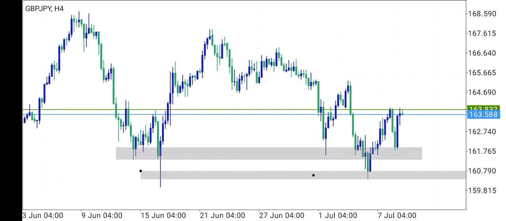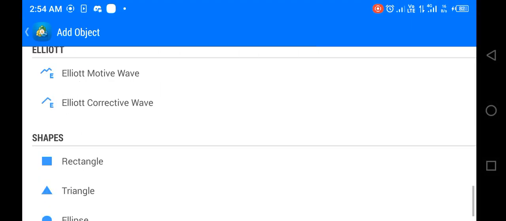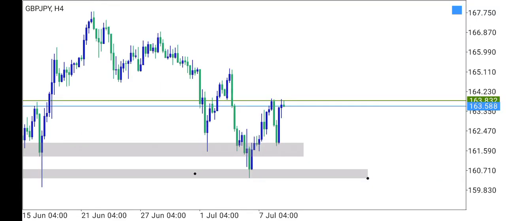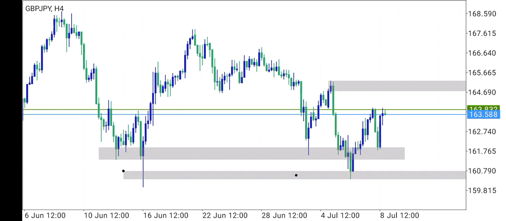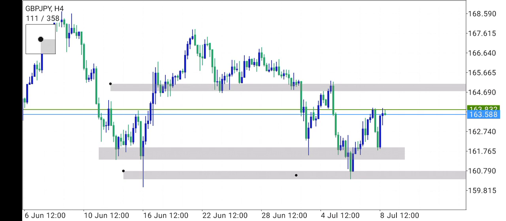So as you are marking it out, you'll be taking note of what is happening. This is a fresh zone. You can mark it out on its own, because price must come there.